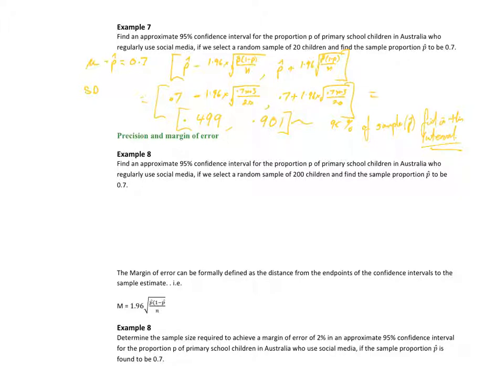Obviously when we take a sample size of 20, it's not going to be such a reliable estimate. So what happens if we increase our sample size to 200? What sort of interval will we come up with then?